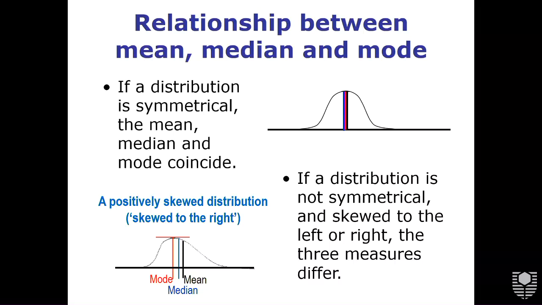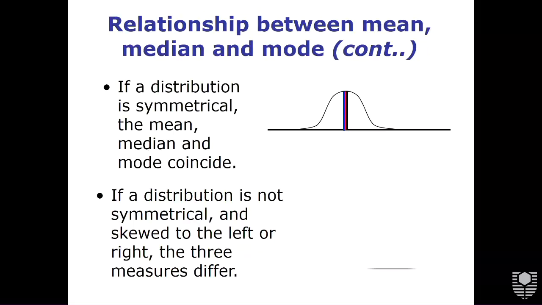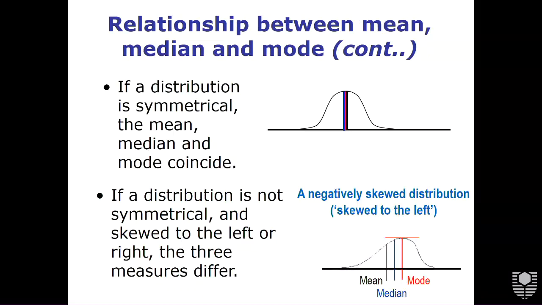And another case, as I told you, the negatively skewed to the left-hand side because it has a long tail here. So three types of data distribution: either bell shape, or positively or negatively skewed on the left or right-hand side.